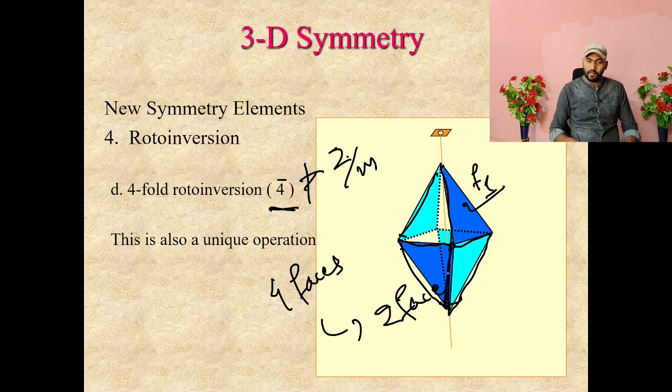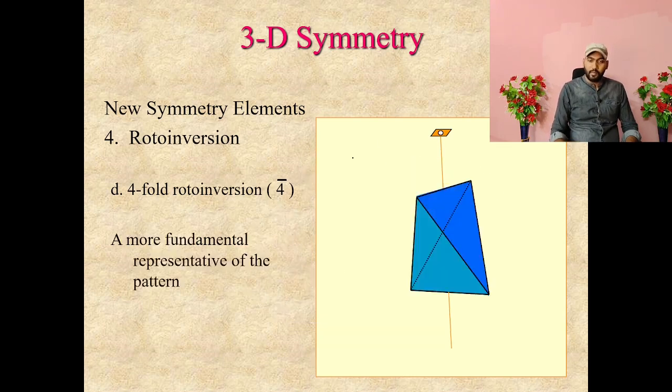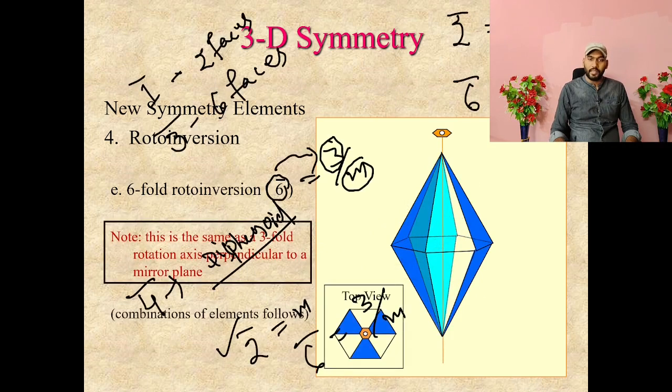In one complete rotation in 360 degrees we will get only two faces. So 4 bar is reduced to twofold, but there is no mirror plane here. But in 6 bar we have, and 6 bar will be reduced to 3 by m. It will be reduced to threefold, and there is a perpendicular mirror.